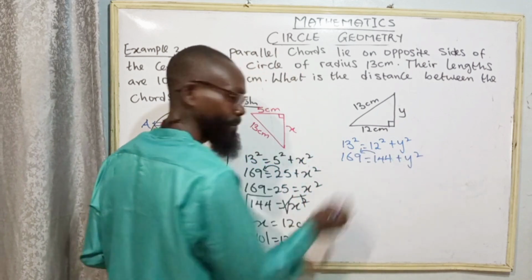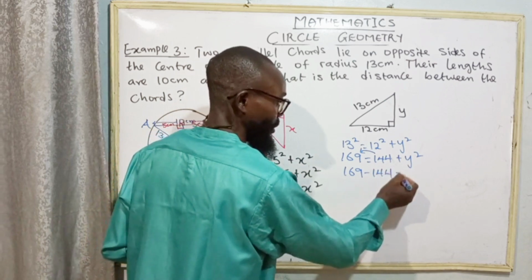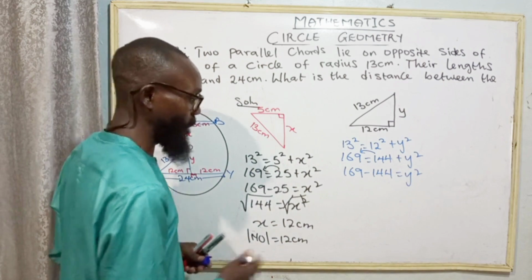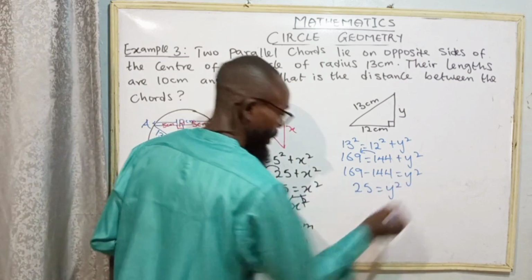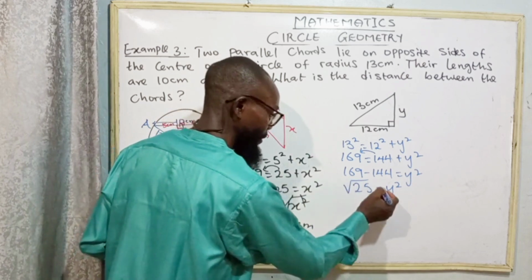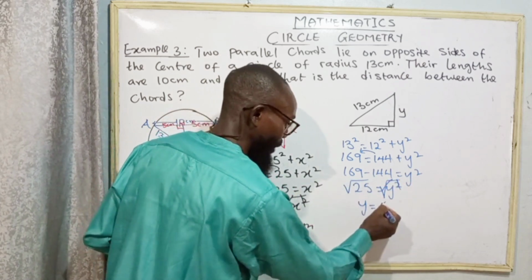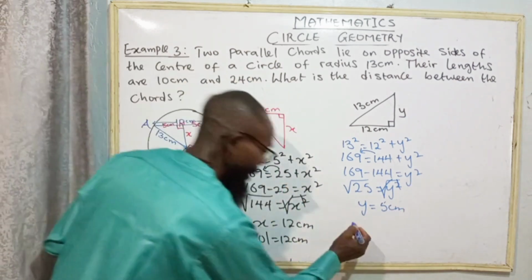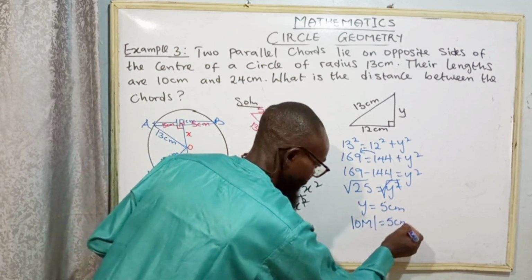Taking this one here, we have 169 minus 144 is equal to y squared. When you subtract this, we have 25 equals y squared. So square root both sides, square cancels square root, y equals 5 centimeter. And that y is line OM. Line OM is equal to 5 centimeter.